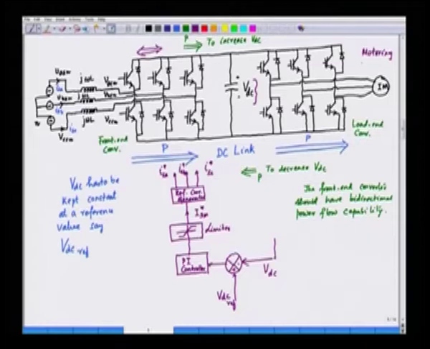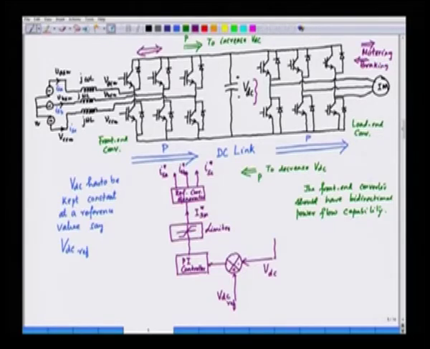We can also have electric braking. For motoring, the power flow is from the converter to the motor like this, and for braking the power flow has to reverse. So, it has to go from the motor to the DC link and back to the source.